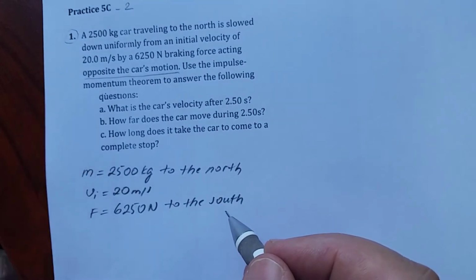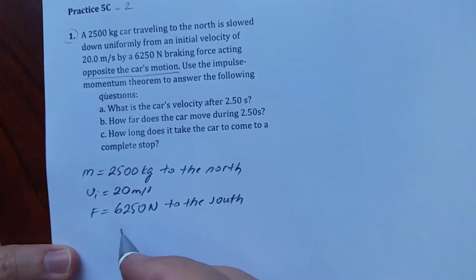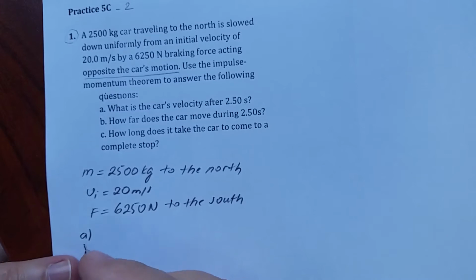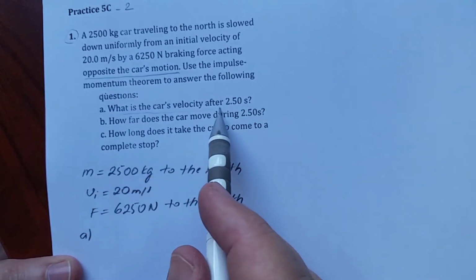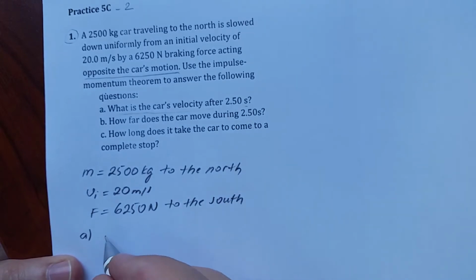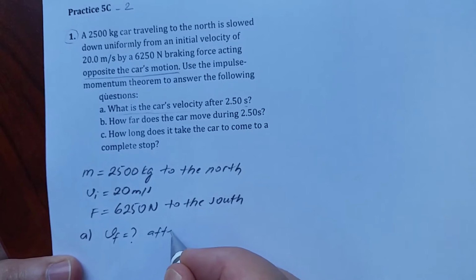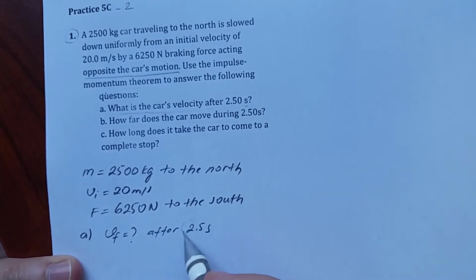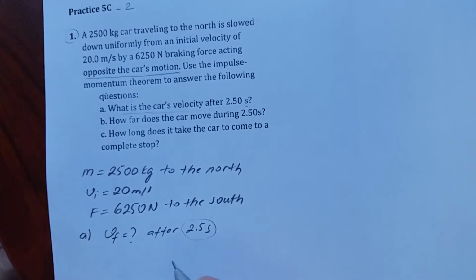Use the impulse momentum theorem. Let's see what is wanted. In A, it says what is the car velocity after 2.5 seconds? We want the final velocity after 2.5 seconds, so 2.5 seconds is delta t here.